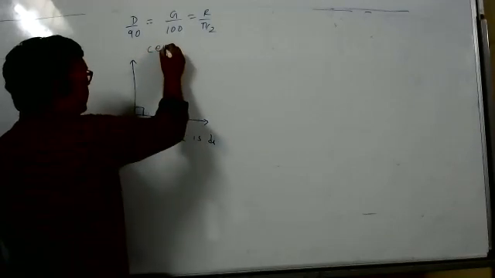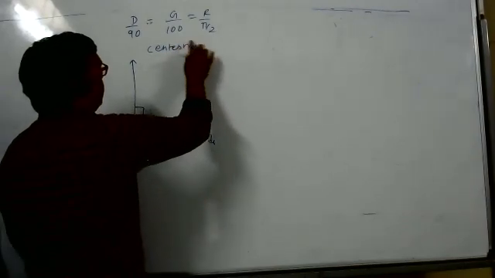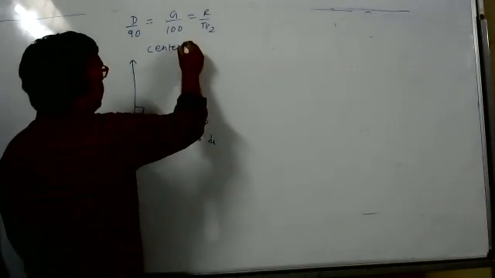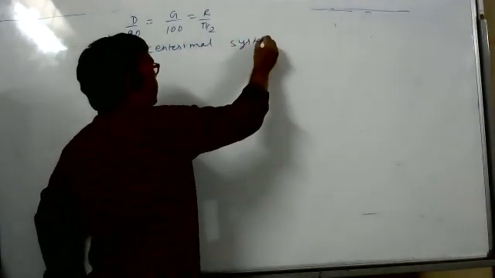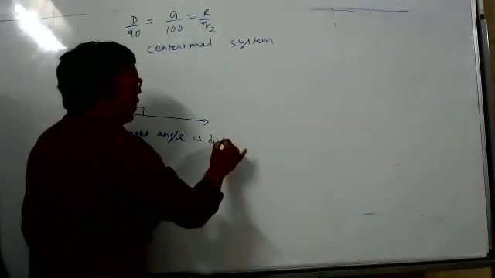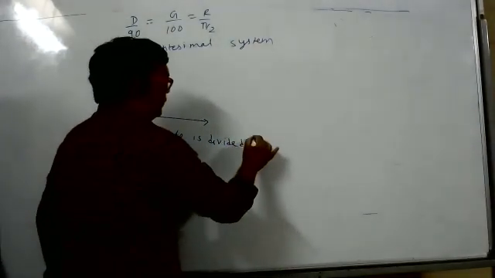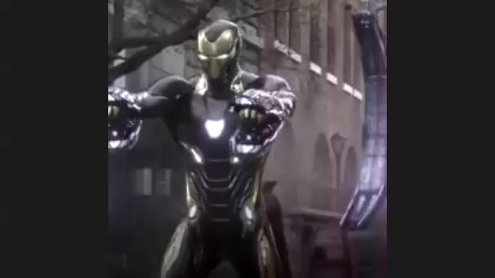I am not teaching this for the first time. This is called the centesimal system. In the centesimal system, one right angle is divided into how many parts? Sir, I think 90.